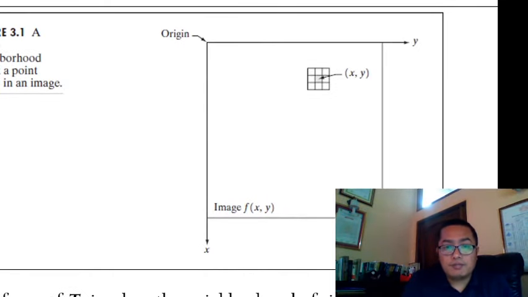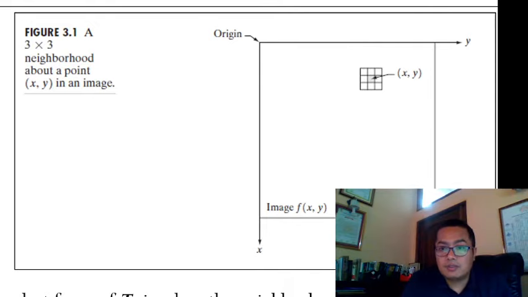So this is an example. This whole is an image, and we are considering this particular point x and y at this current position. We want to enhance this pixel. When you enhance this pixel, its value is decided by, or influenced by, some computation that involves all of its neighboring pixels.